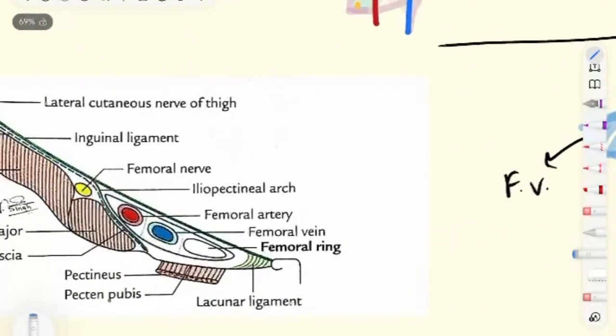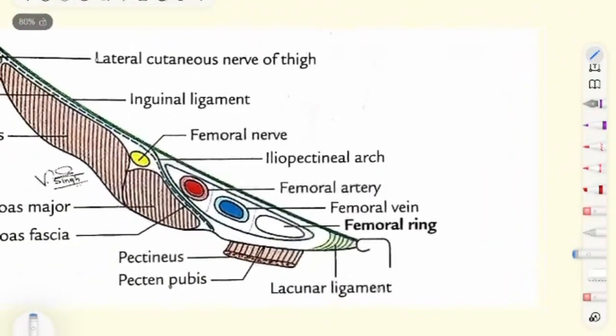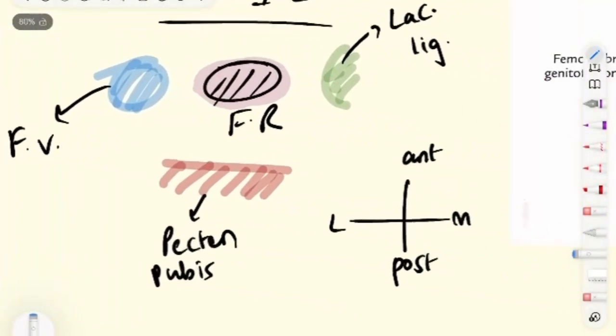So, you can see in this diagram the femoral ring is over here, bounded anteriorly by the inguinal ligament, medially by the lacunar ligament, posteriorly by the pecten pubis, and then the femoral vein on the lateral side.